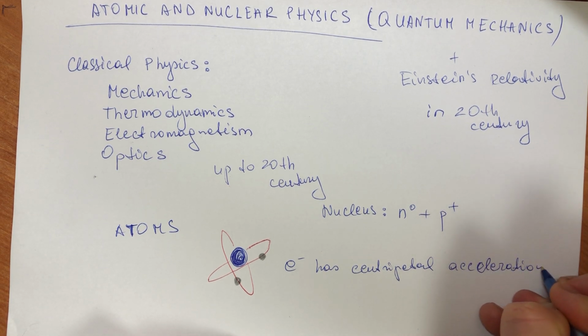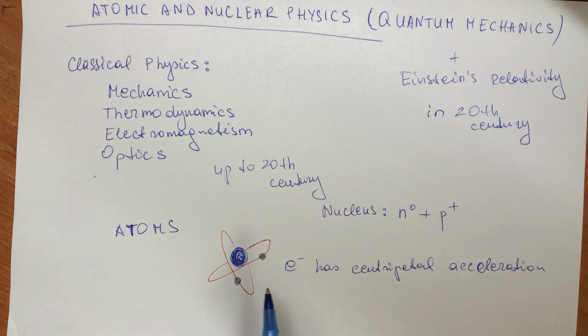And as you remember, this is the part from mechanics when we were talking about motion that was not in a straight line, but in a circular or curved line motion.